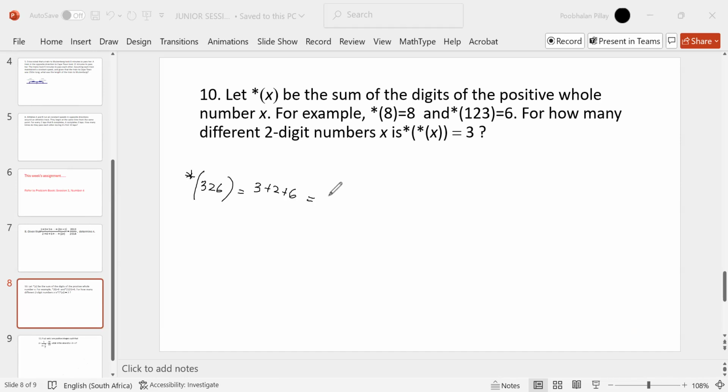So the answer is 11. So star of 326 is 11. So like that, you can work out star of anything. Star of 41 is 5. Star of 100 is 1. You simply just add up all the digits, and the star of that, and so on. Right. Now, we've understood what the star means.